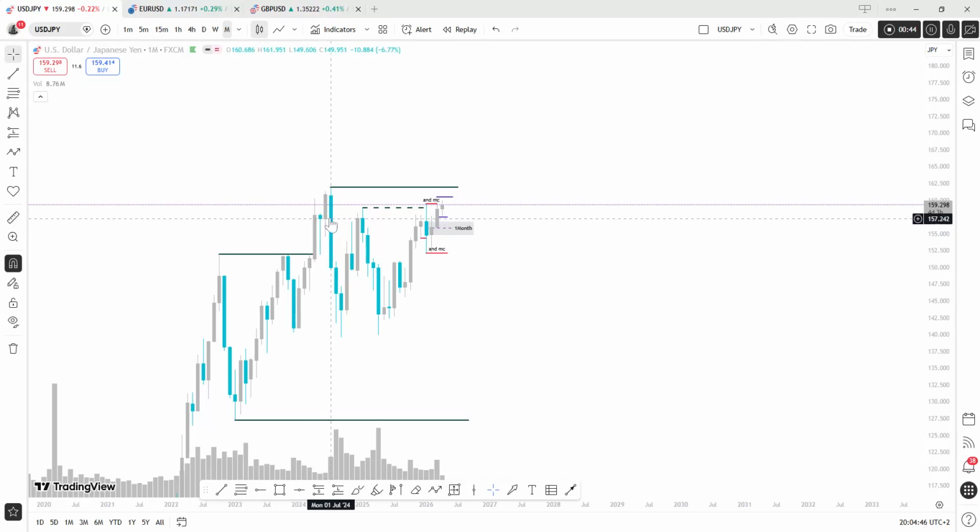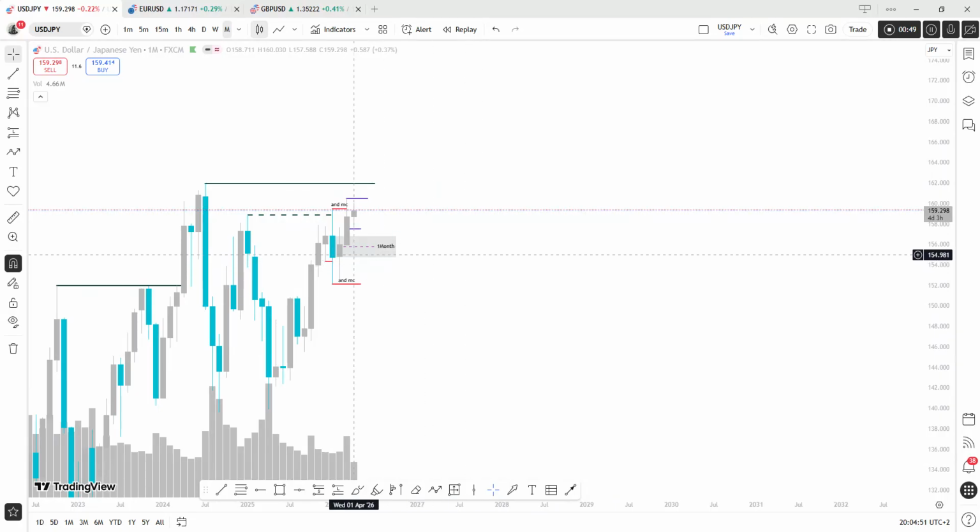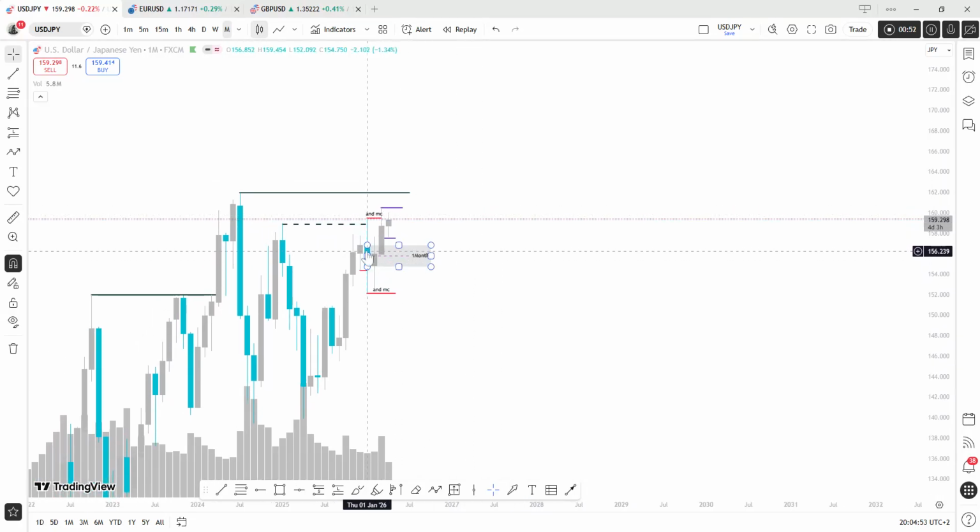Of course, the price came straight from this order block, failed to break below, and then I see this bullish order block in here. Not necessarily an order block, but yeah, this is everything on monthly. It's not too much. Monthly looks a little bit bullish, a little bit.